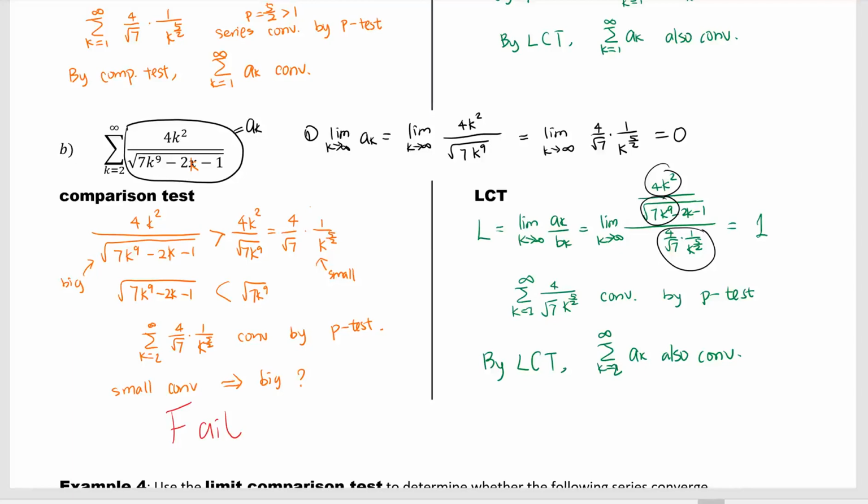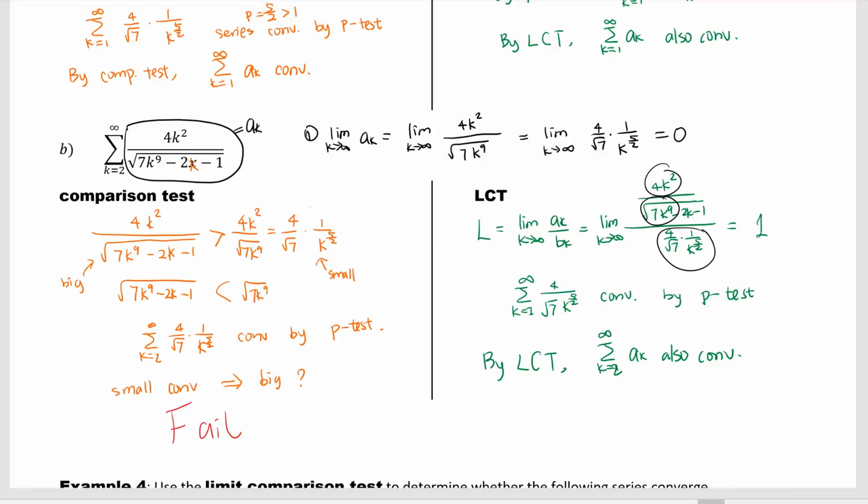With the limit comparison test, we actually just look at how the series behave at the end. We don't really care which one is bigger or smaller, as long as they behave approximately the same. Then those two series both converge or both diverge.